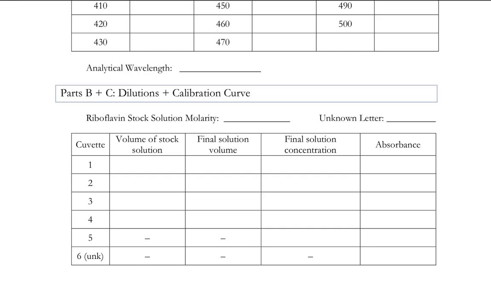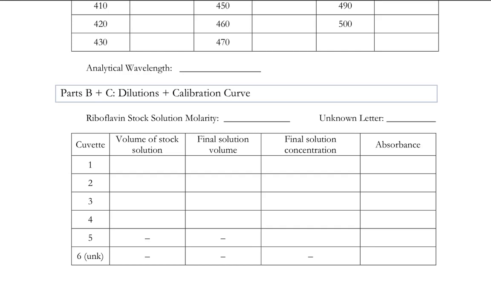And we will have then those 5 dilutions, cuvettes 1 through 5, and the volume of the stock solution, you know from table 3 for cuvette 1 is 2.00 mLs, cuvette 2, 4.00 mLs, cuvette 3, 6.00 mLs, cuvette 4, 8.00 mLs. Cuvette 5 is the straight stock solution. The final volume for the cuvettes is always 10.00 mLs.